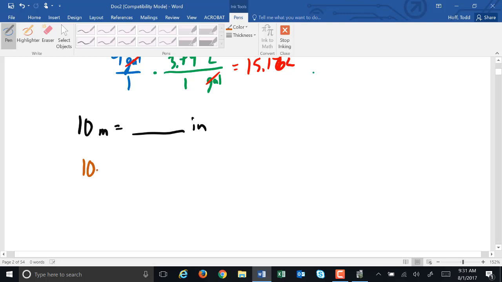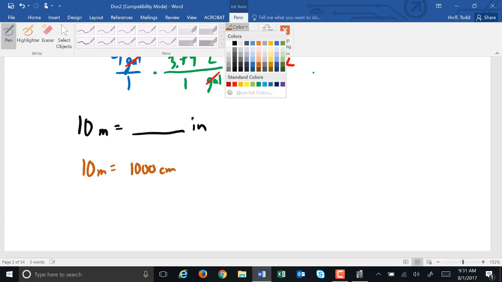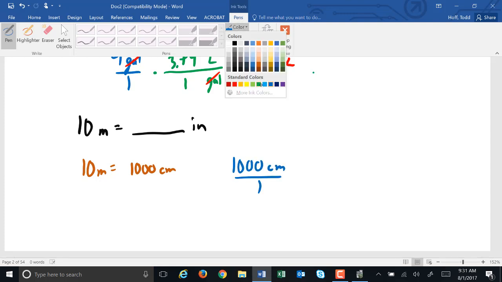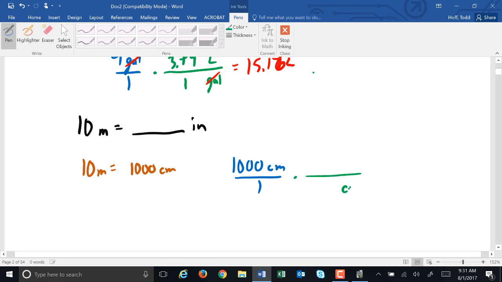But I'm going to do this. 10 meters is 1,000 centimeters, and I know a conversion from centimeters into inches. 1 inch is 2.54 centimeters.